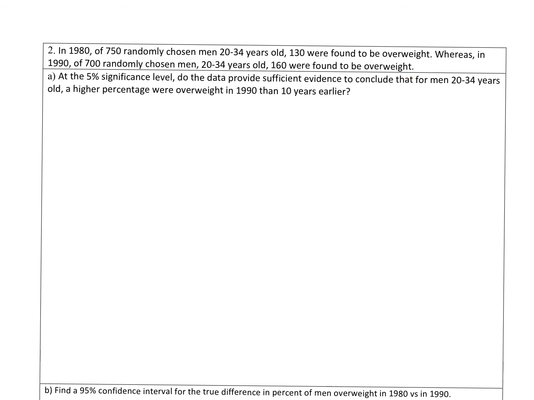So the question is: do the data provide sufficient evidence to conclude that men 20 to 34 years old have a higher percentage of overweight in 1990 than 10 years earlier?